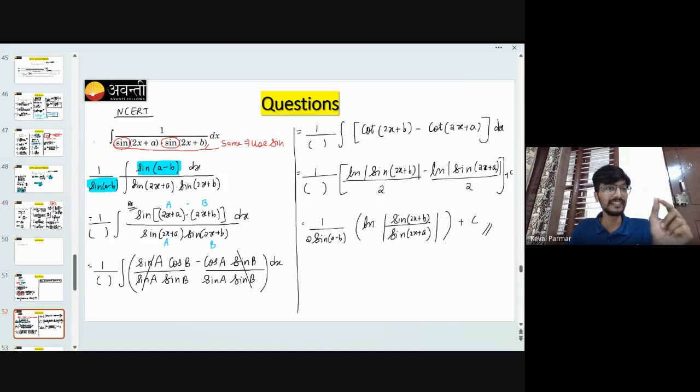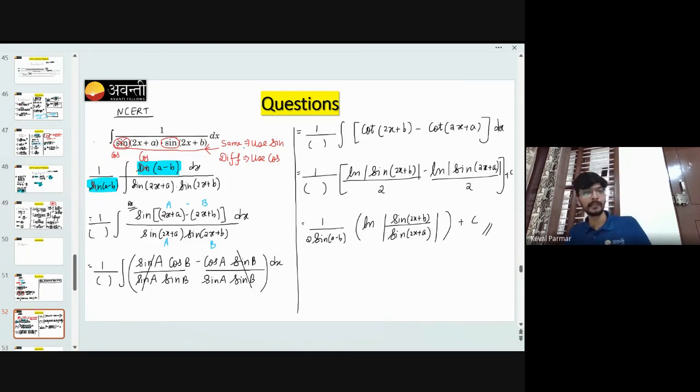And if here there were different, means एक sin होता और एक cos, so different implies use cos. So if suppose I would have cos and here sin, I would have chosen cos to multiply and divide by.